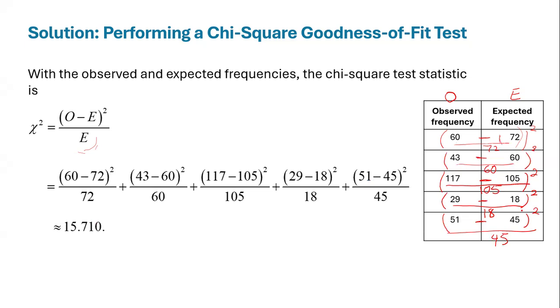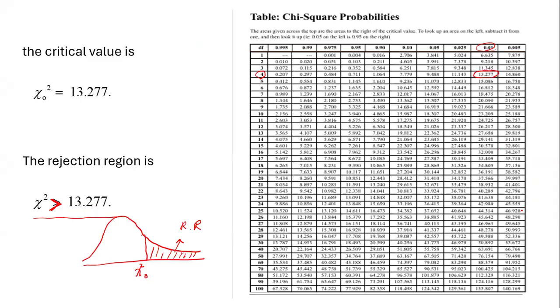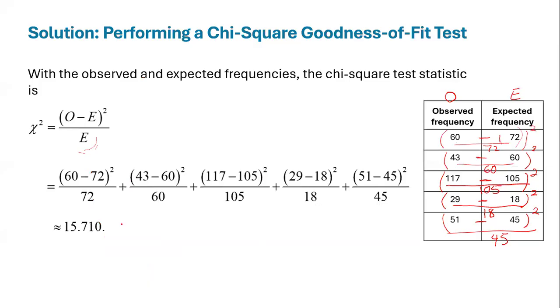After finding the test statistic, now it's time to check if this number is in the rejection region. The rejection region tells me any number greater than 13.277 must be rejected, and this number is greater than that. Yes. So we have to reject the null. It's in the rejection region.